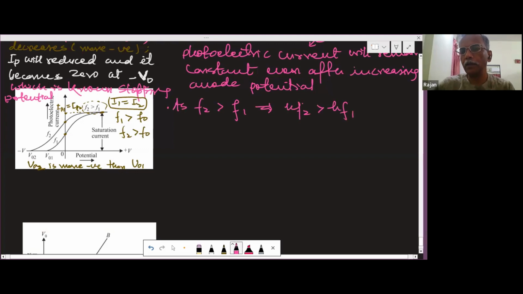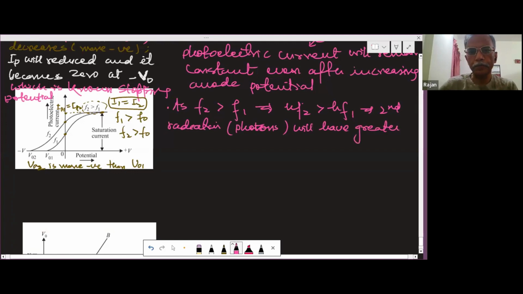What do you mean by that? The second radiation photons will have greater energy than the first one.